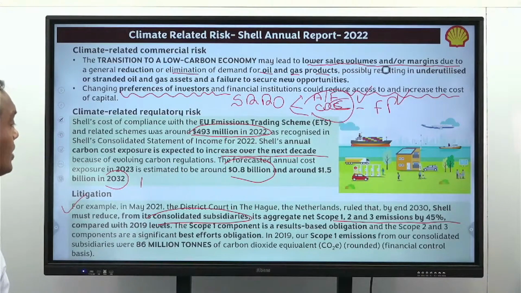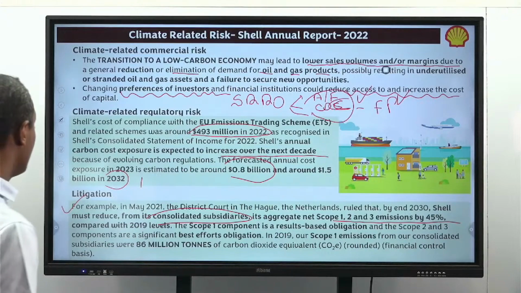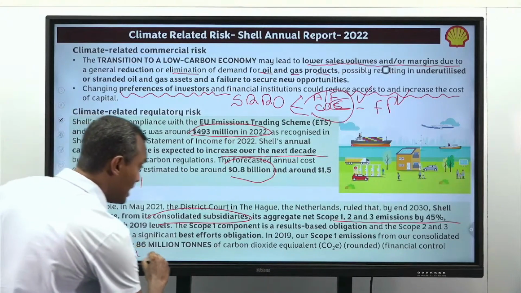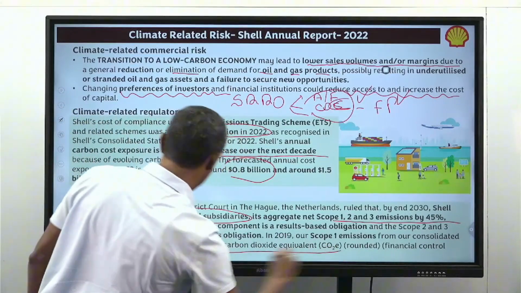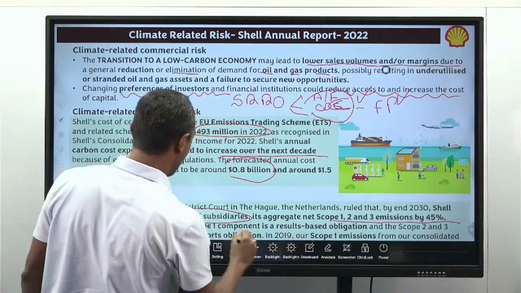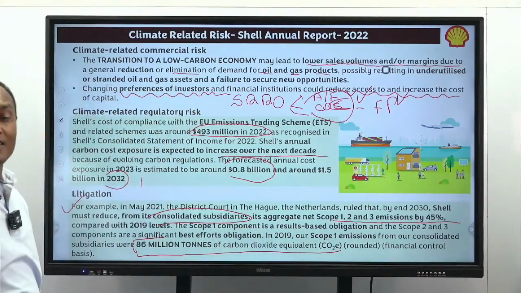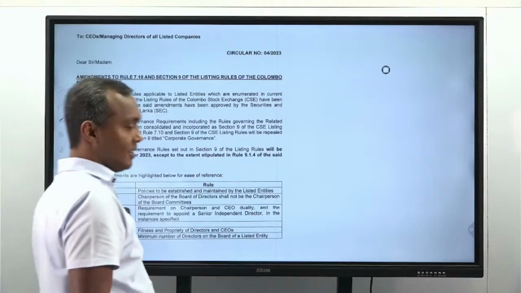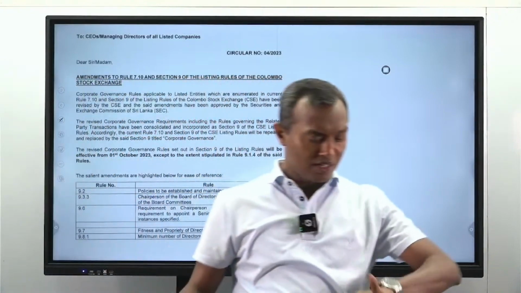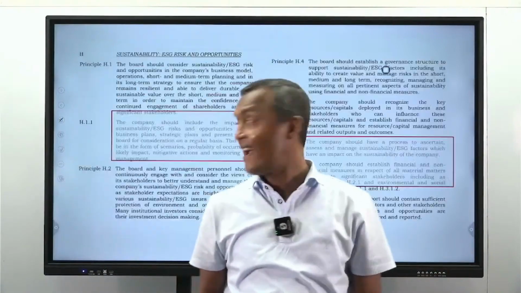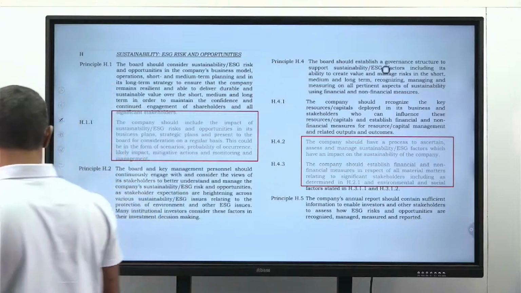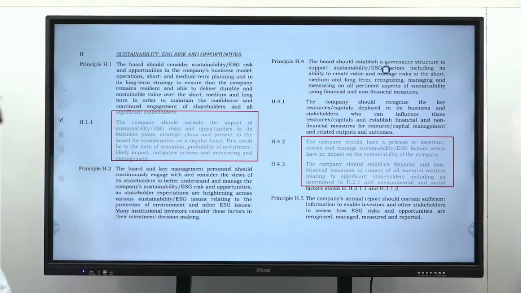In 2019, scope 1 emission from consolidated subsidiaries was 86 million tons. See, 86 million tons consolidated emission. Right, so now you have a very solid background, and with that we are better able to understand or study the standards.